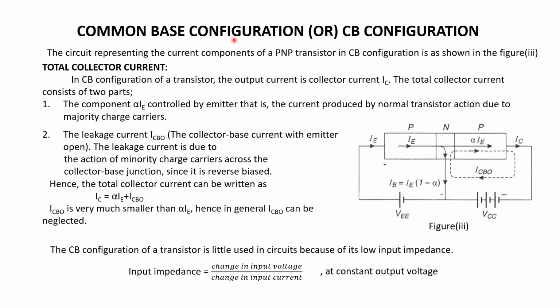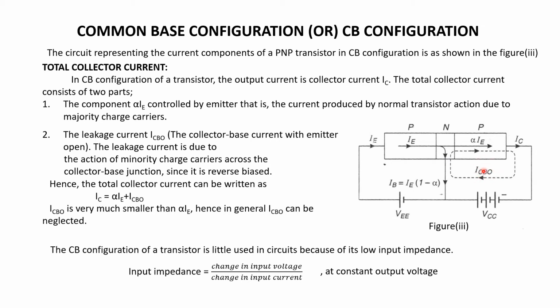Now, in CB circuit, the output current is the collector current. This collector current has two parts. One is due to majority charge carriers, that is alpha IE, and the other is due to minority charge carriers, ICBO. Suppose the emitter is open, that means this battery is not connected. In that case, the collector diode is reverse biased, hence the current flowing here is due to minority charge carriers.